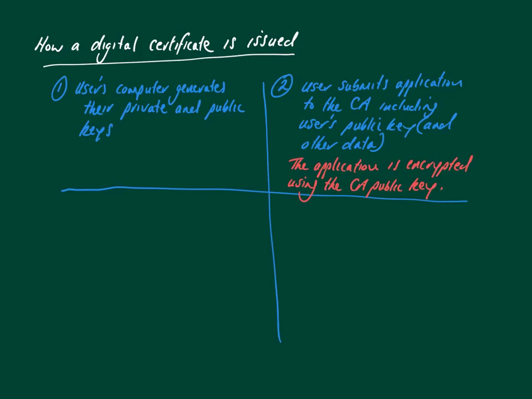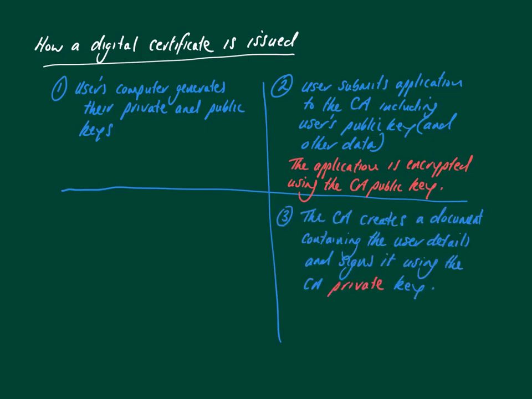Step 3, the certificate authority creates a document that's going to become the certificate, and that includes the user's data that they've shared. And once they've made the document, they digitally sign it using the certificate authority's private key. And again, the certificate authority's private key is only known to the certificate authority, so it can't be spoofed.